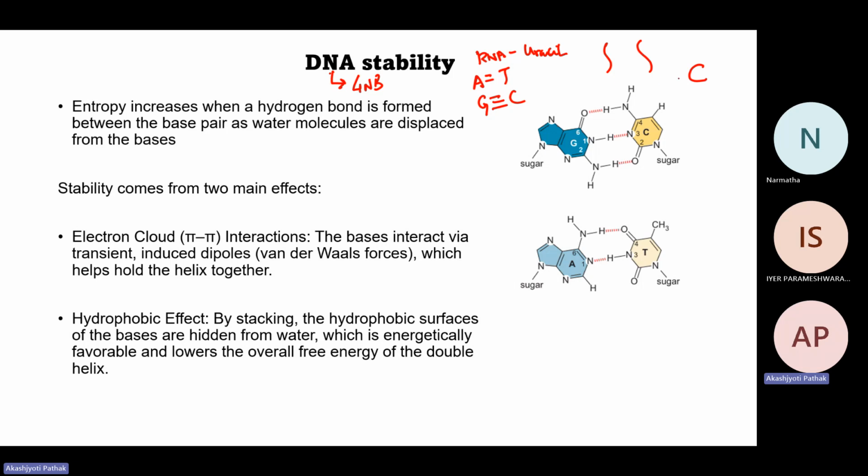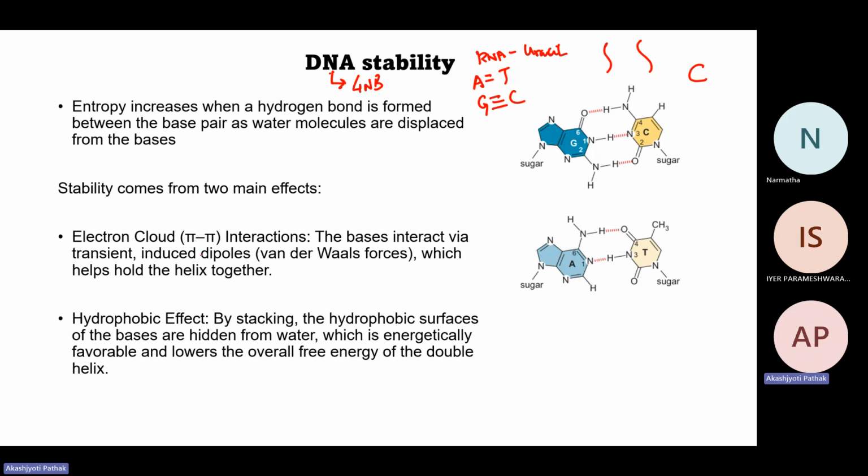Now, once these nitrogenous bases start forming hydrogen bonds with each other, the entropy increases because the cage-like structure of water molecules which was formed around the nitrogenous bases got broken.